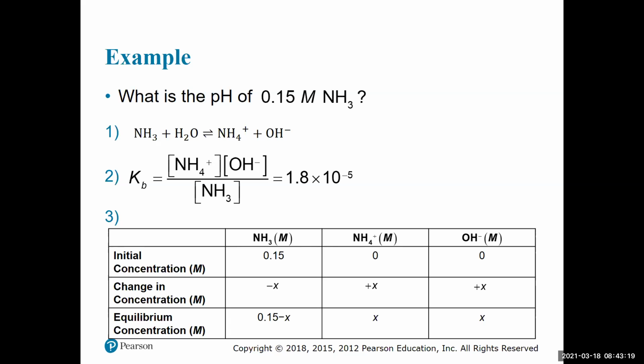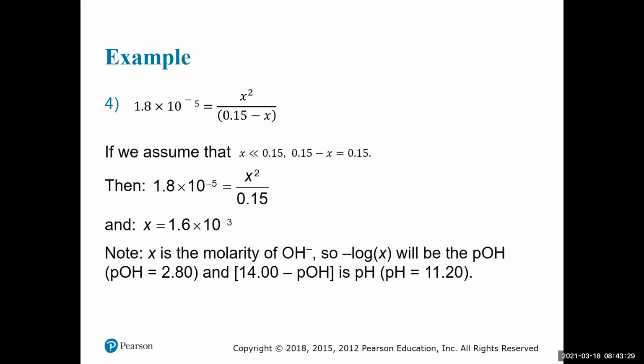So the next step is we're going to take these values and plug them into our equilibrium expression. And so what we'll get is that Kb value equals x squared, because we have x times x, divided by 0.15 minus x.